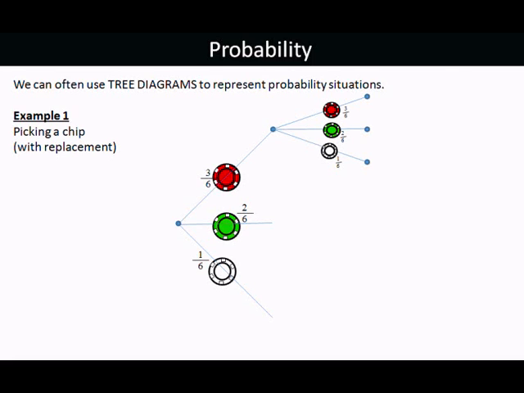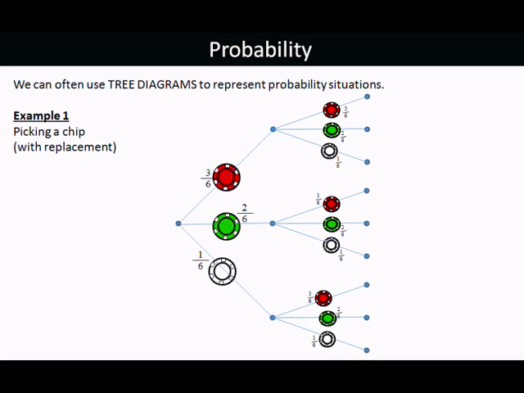And then you can have red followed by red, red followed by green, red followed by white, or green followed by red, green or white, or white followed by red, green or white. And this is with them putting the chips back, so the second person that picks has always got probabilities out of 6, because there are always 6 chips to pick from.